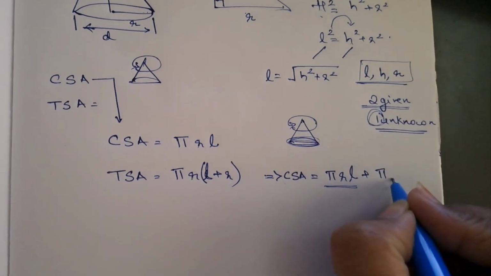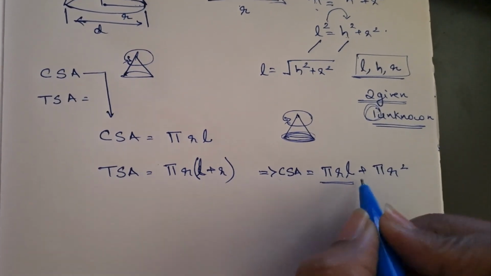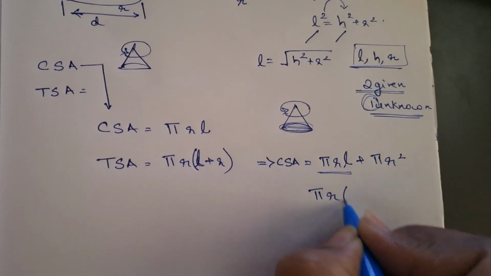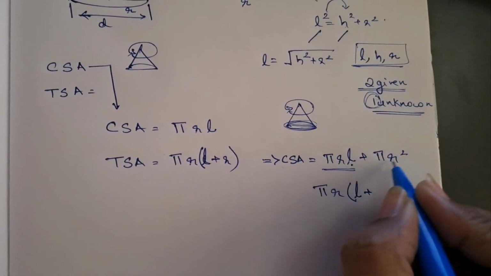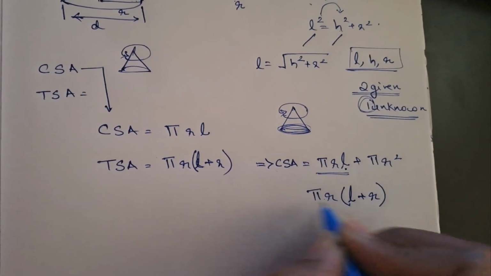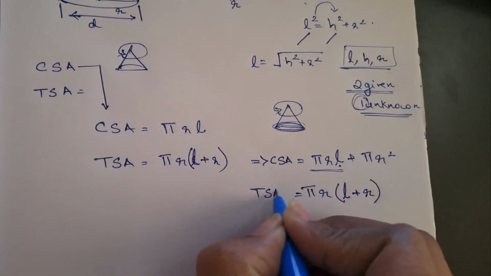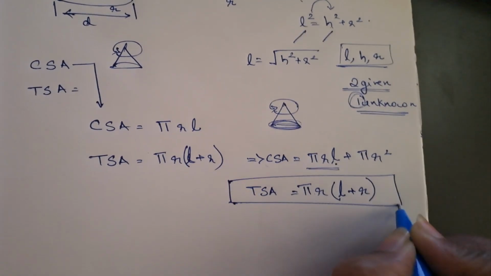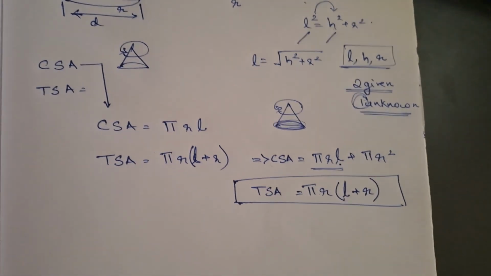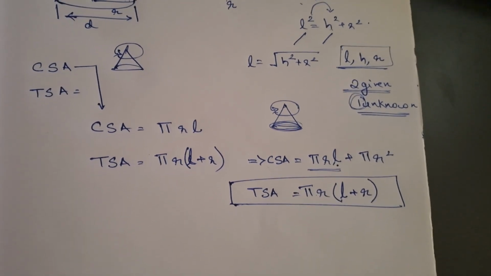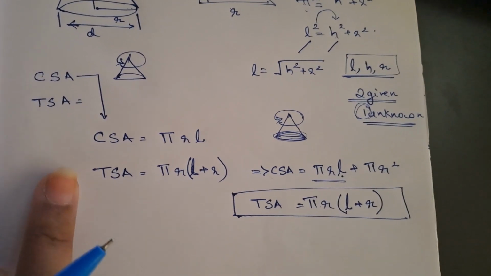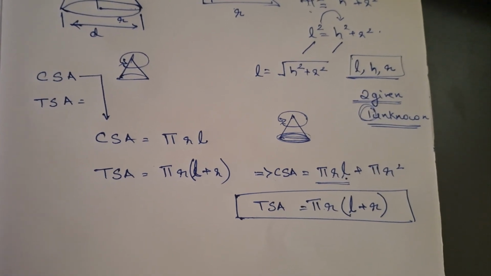It is pi r square. So what we are doing, we are taking pi r common from both of them. What I will be left with here is L plus, from here one r is gone out, so one r will be left inside. So this is your TSA formula. You can see how we are deriving the TSA formula. If you want, you can learn this technique of deriving the formula. If you do not want, you can just learn these two formulas by heart and start solving the questions as well.